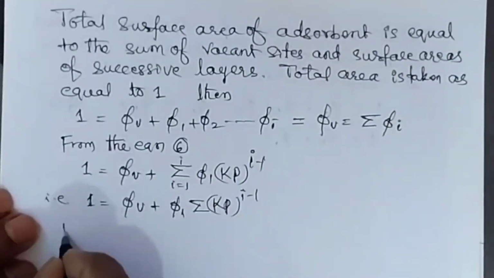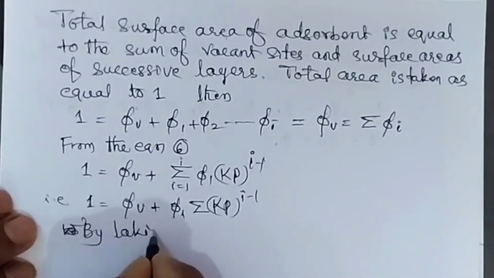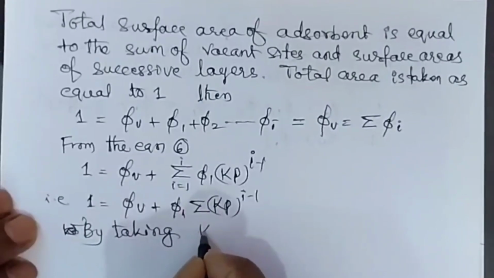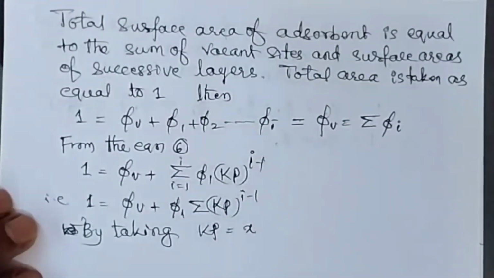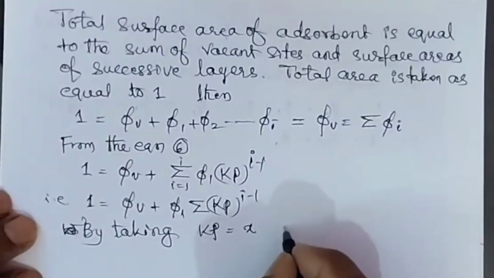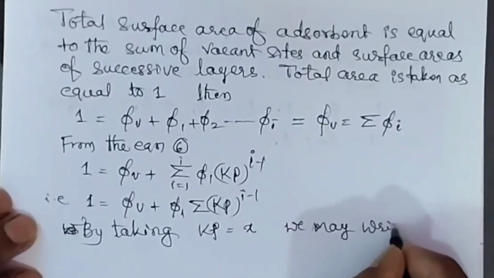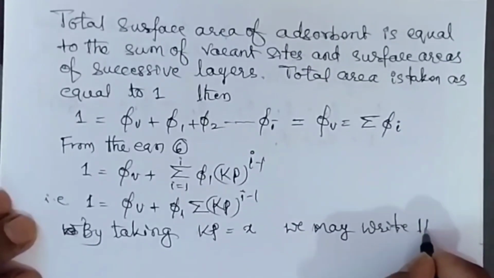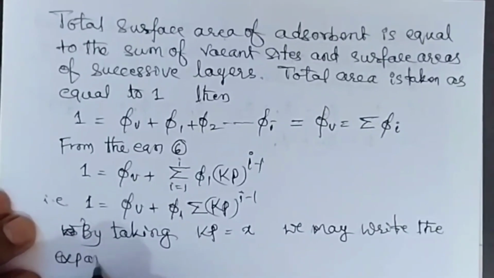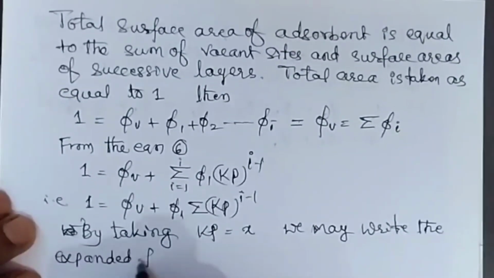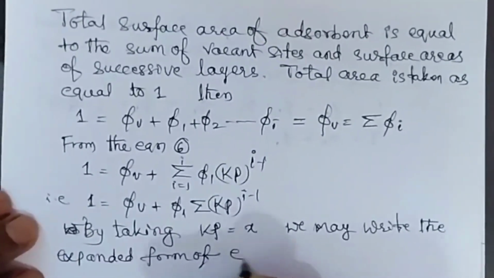By taking Kp equal to x, we may write the expanded form of equation 7.